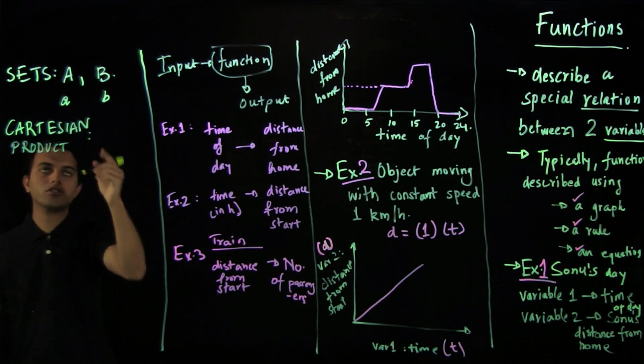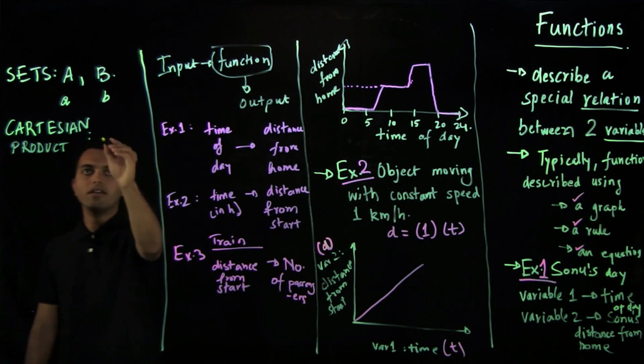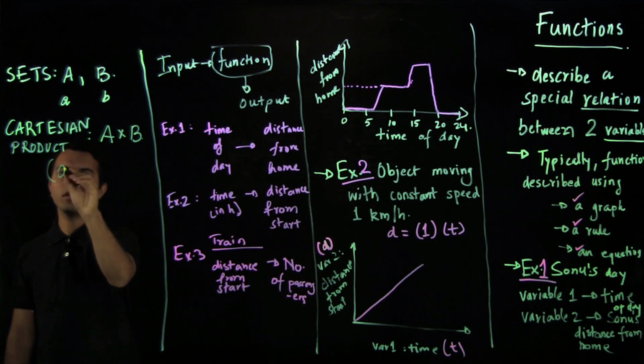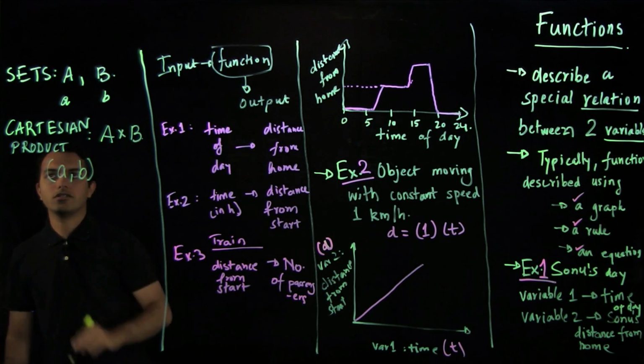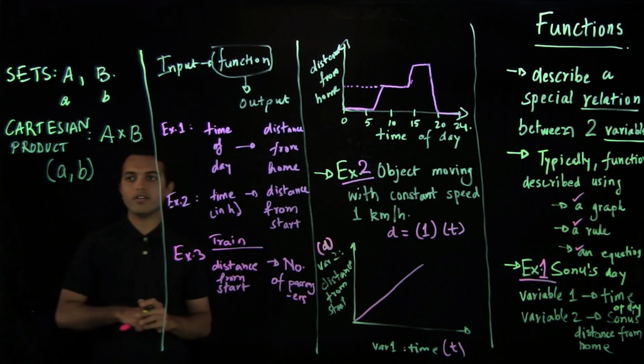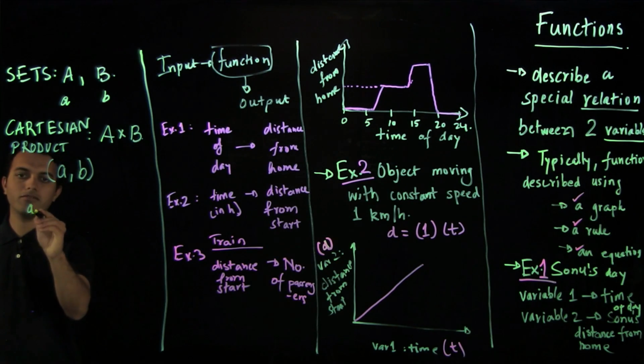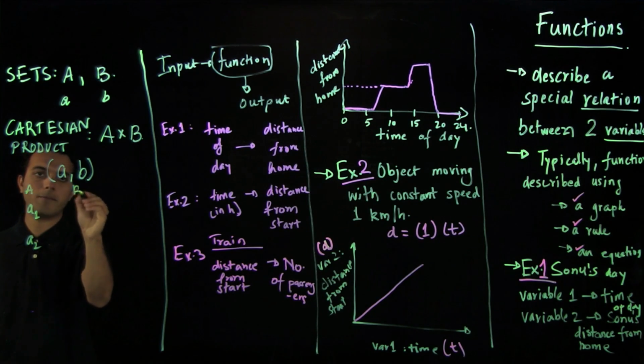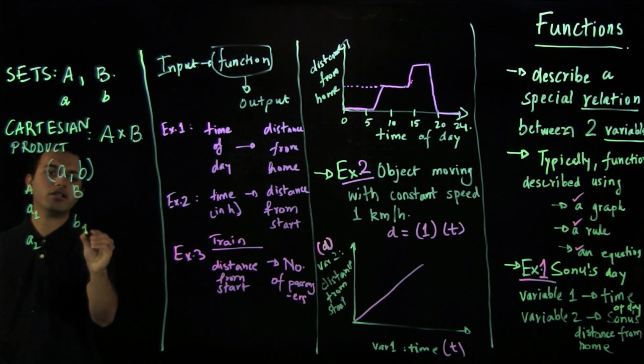The Cartesian product of two sets A, B is given by A cross B and includes all the elements (a, b). So let's say set A has two elements, a1 and a2, and set B has one element b1.